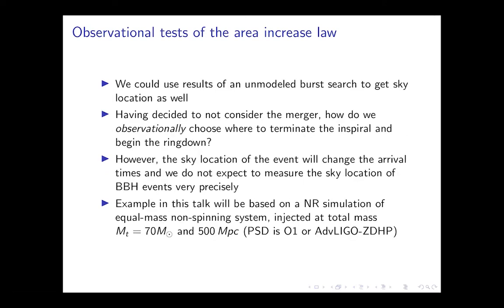In other words, in practice you would use the results of an unmodeled burst search to get sky location. And then you can do this analysis, choosing the endpoint of the inspiral and the start of the ring down based on different detailed analysis, which I won't talk about here.